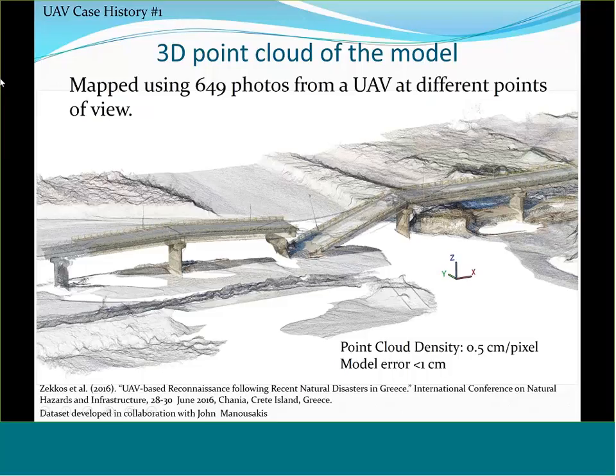You can see the location of the failure as well as the broader environment and the bridge. For the flight parameters that we executed, we have a point cloud density of about 0.5 centimeter, and we were able to do some surface surveying measurements, and we assessed that the model error was less than a centimeter, which I think is really impressive. In the next slide.